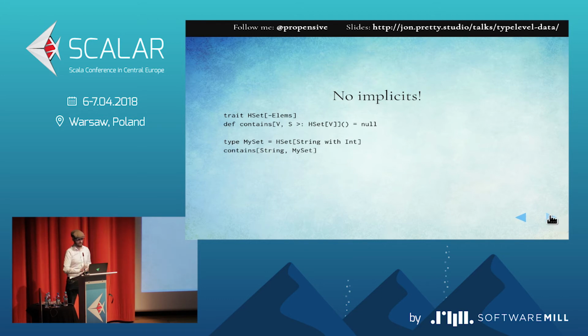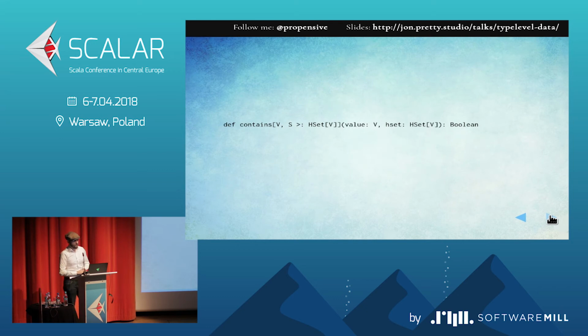So that is good. We can write this in a number of different ways. This is with the values specified there as well. But we could also use implicit evidence, which defers the check until later.